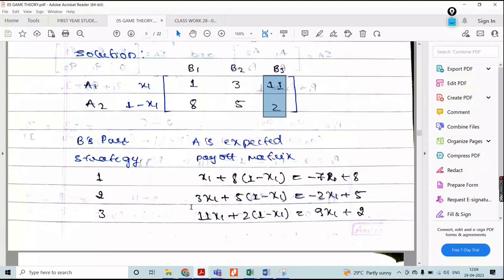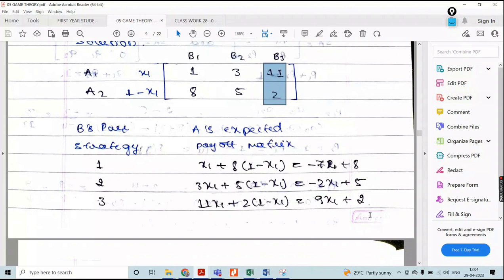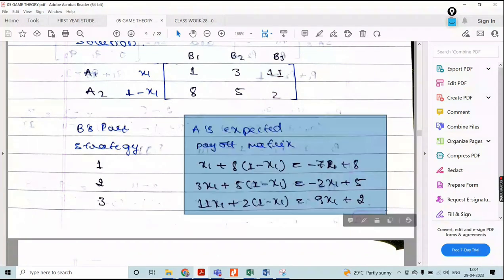If you do simplification for this, you will get 9x1 plus 2. With respect to B's pure strategies, this is A's expected payoff. This is how you need to write the strategy equations with respect to the payoff matrix which is given.